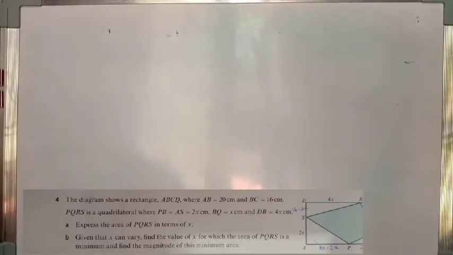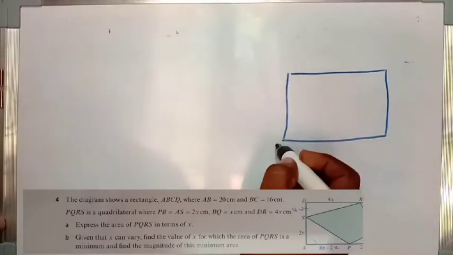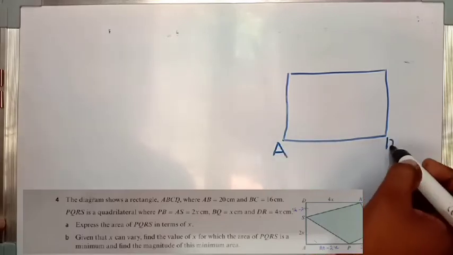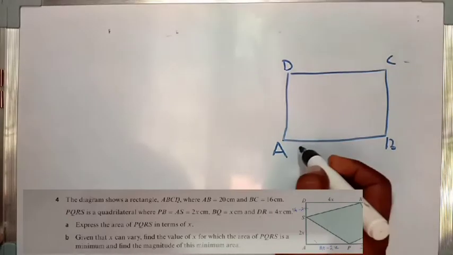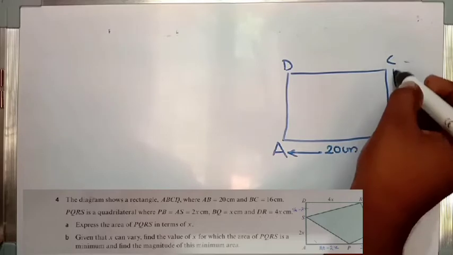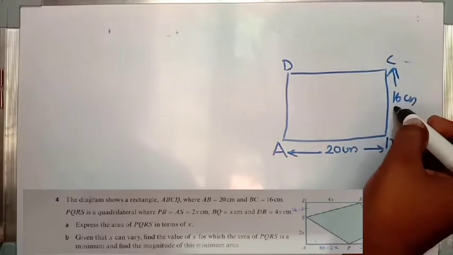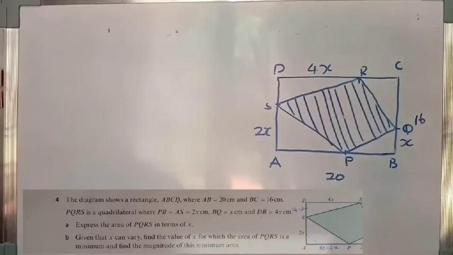As per the question, ABCD is a rectangle where AB is 20 centimeters and BC is 16 centimeters. Then PQRS is a quadrilateral where PB is equal to AS.